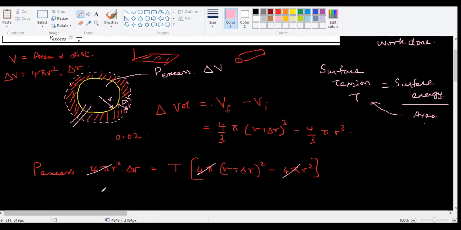Delta P is what I am interested in. So delta r, we can try to get it cancelled out. So I'll be getting T times (r squared plus delta r the whole square plus 2 times r delta r minus r squared).